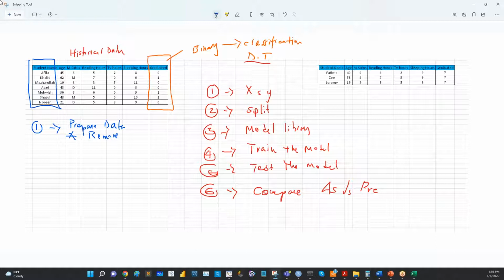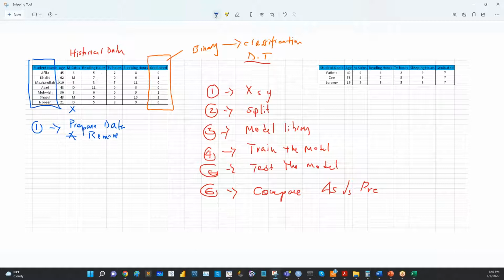And of course we have marital status. We need to transform this marital status into numeric, using one of the available transformation methods. Most likely it is going to be the dummy variable.